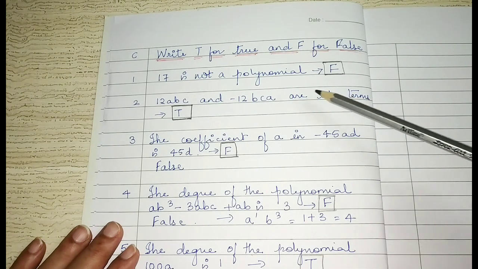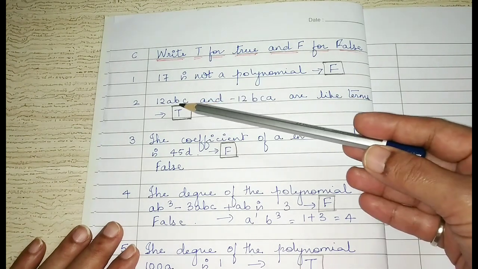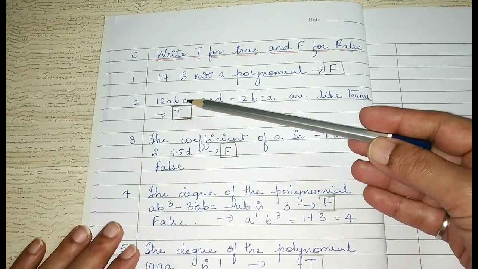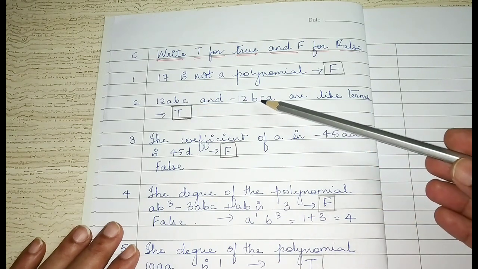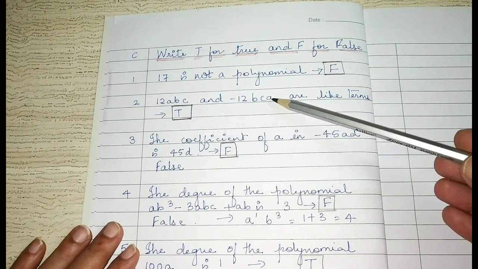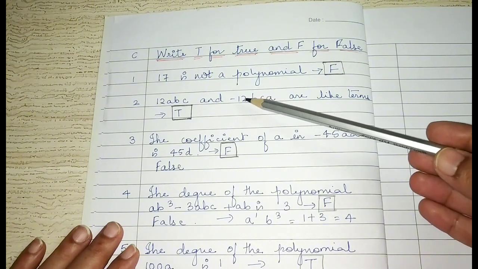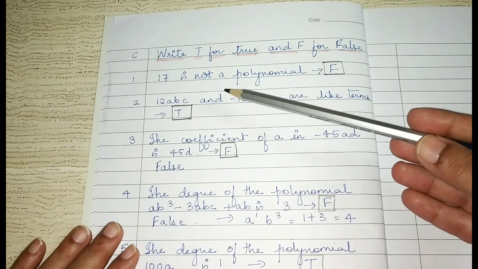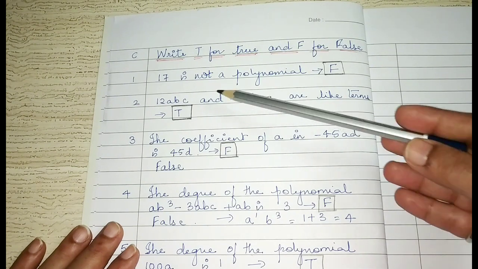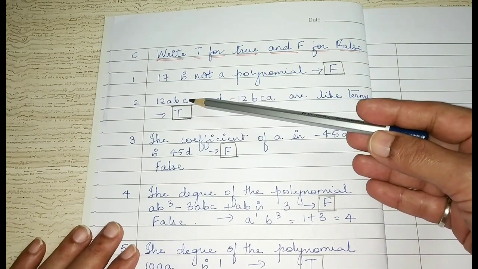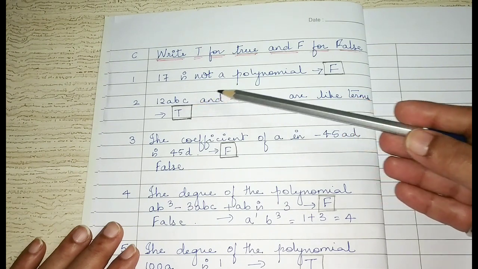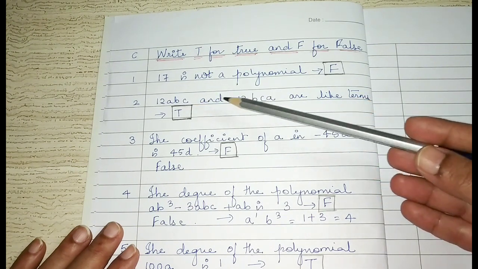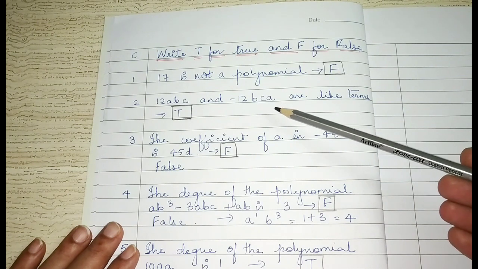Okay. Second, 12abc and minus 12bca are like terms. Is it? Yes. See, it is 12abc, 12bca. That means we can change the order abc. So it will become 12abc. Okay, the variables are present in both terms, that is 12abc here and this. So these are two like terms.